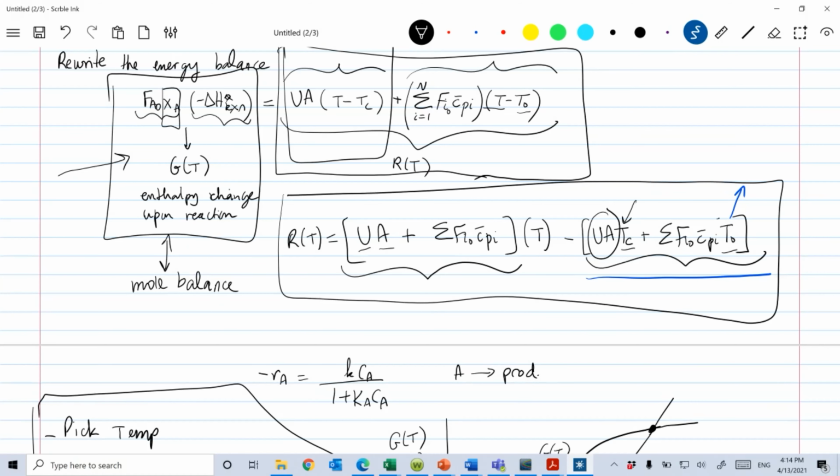Keep in mind something quite interesting here: if you don't have heat exchange, suddenly you're back to your adiabatic temperature equation, right? Where FA naught XA delta H of reaction is T minus T naught.